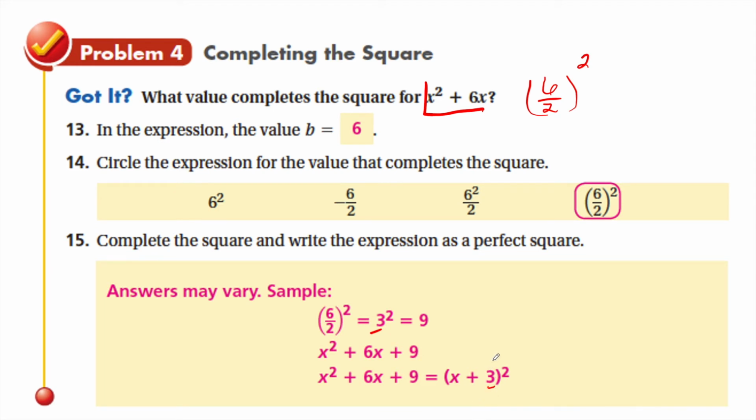So essentially, you can figure out the factored form for the perfect square to be x plus b over 2 squared. That is very, very helpful. Whatever you get before you square the original number is going to be something that we can plug into that formula. Now, if this was a minus 6x, it would become a minus inside the set of parentheses. But in this case, it's a plus, so we don't have to worry about it.